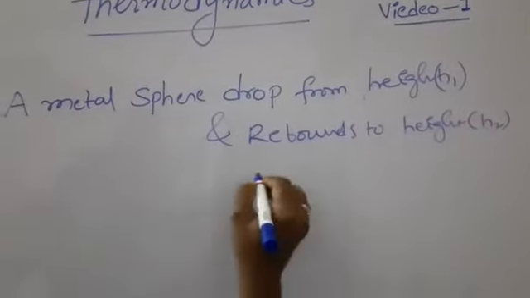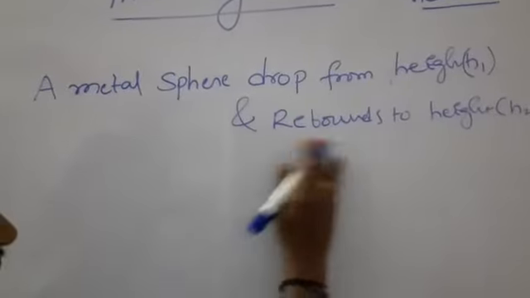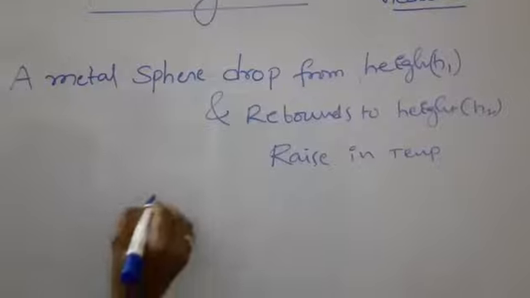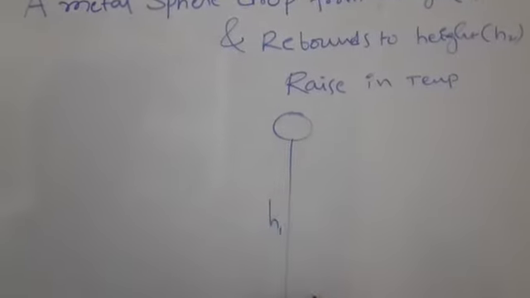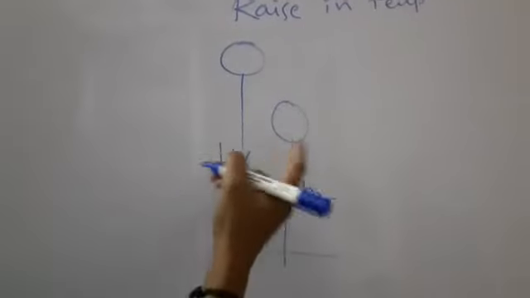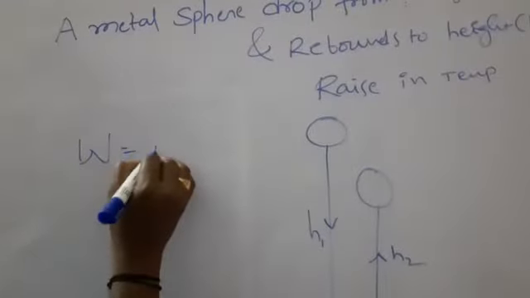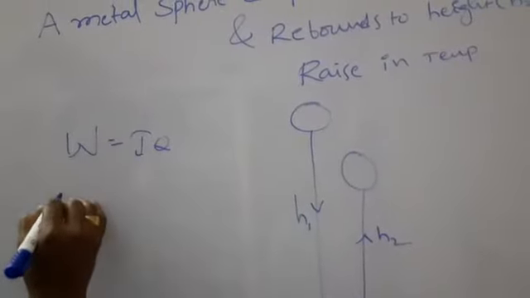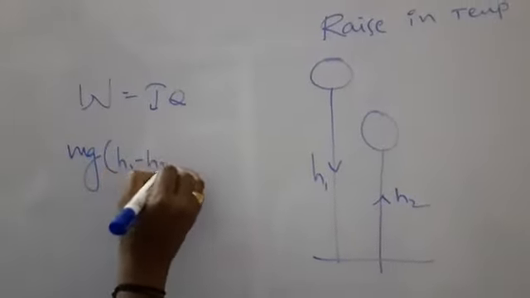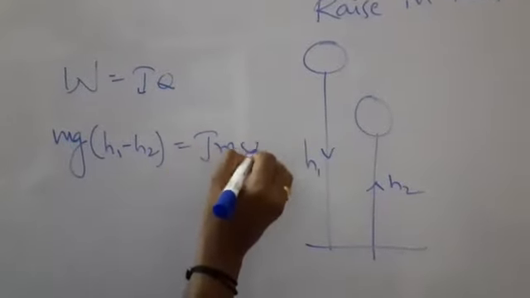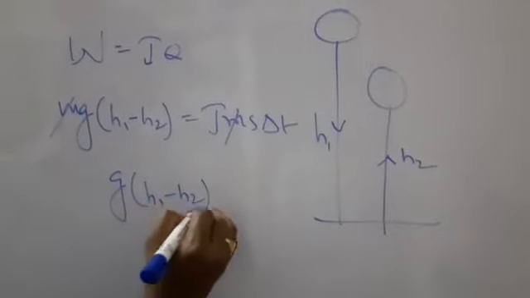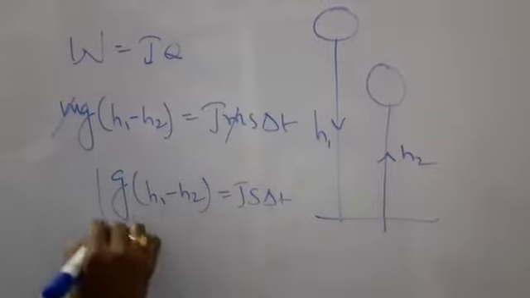Then the rise in temperature of this metal sphere: W is equal to J into Q. Therefore, W is nothing but the change in potential energy, m g (h1 minus h2), is equal to J into m s delta T. m gets cancelled. g (h1 minus h2) is equal to J s delta T. Next.